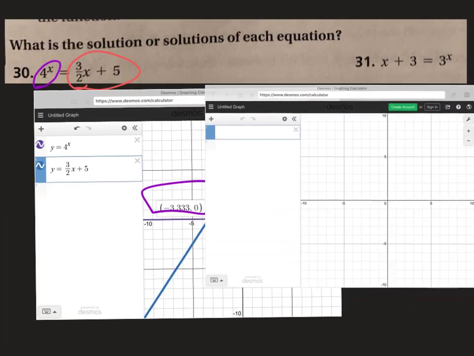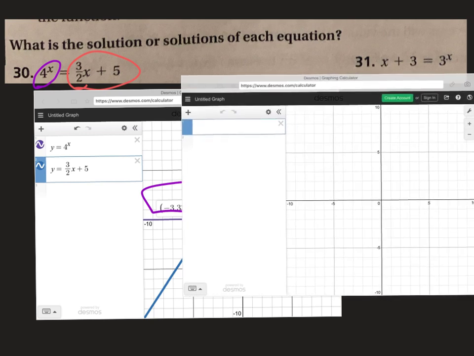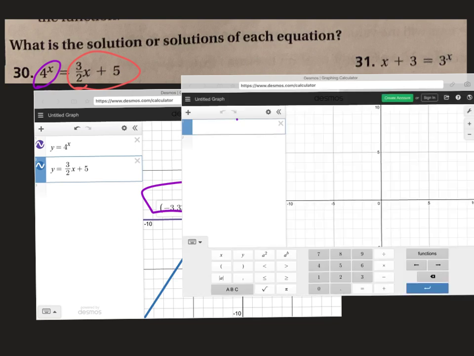So now let's come over here. Again, I'm going to take the one on the left, graph that first. And that's going to be y equals x plus 3.